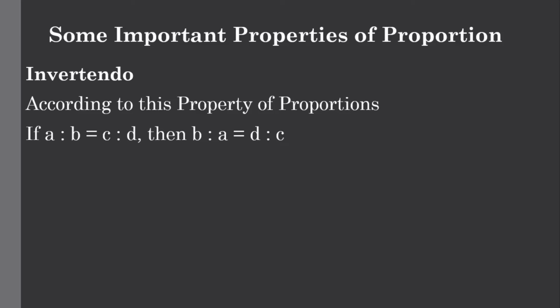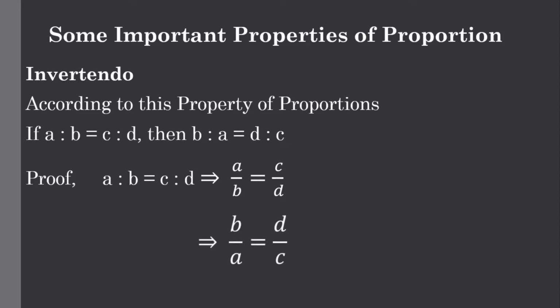Let's see how we can arrive at this. We know A, B, C and D are in proportion. If they are in proportion, I can say A is to B is equal to C is to D. If I write that in fraction form, I get A by B is equal to C by D. On taking the reciprocal, I get B by A is equal to D by C. Again, if I write that in ratio form, I get B is to A is equal to D is to C. And this property is called invertendo.